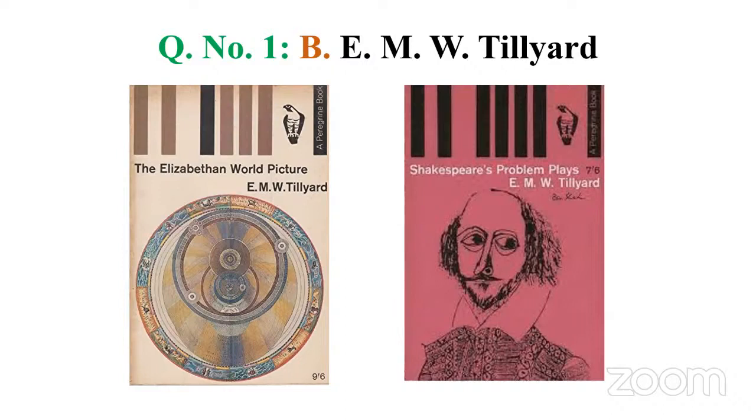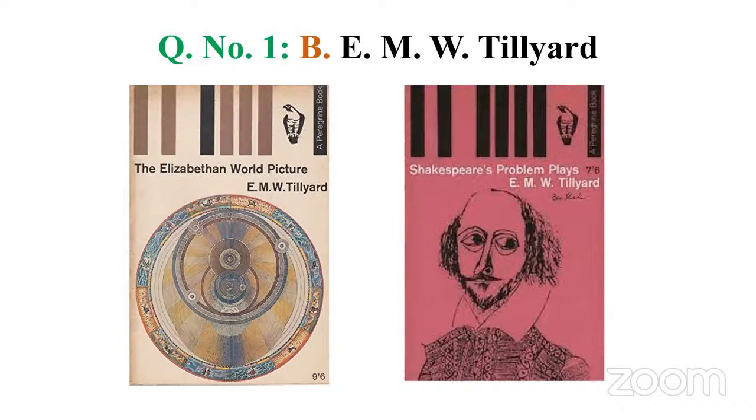Now your job, if you're starting your preparation, is to find out what the problem plays of Shakespeare are, and who coined the term problem plays. The term problem plays was coined by the critic F.S. Boas.